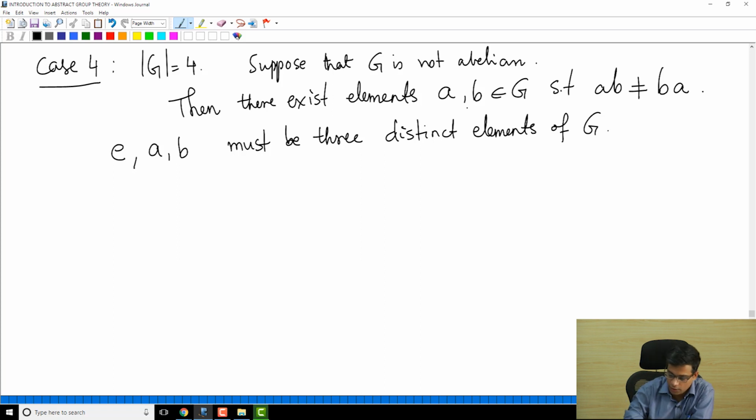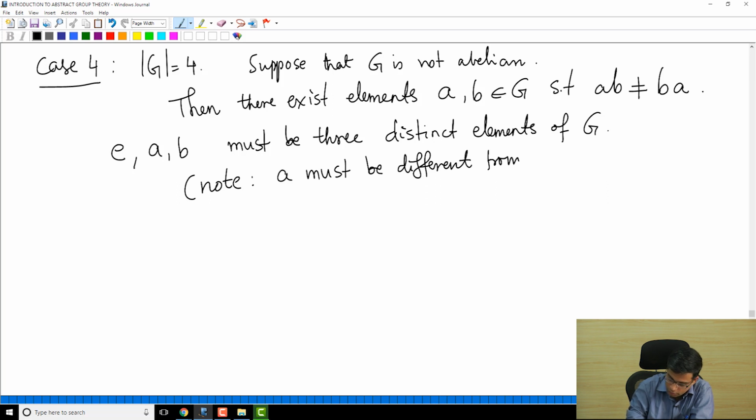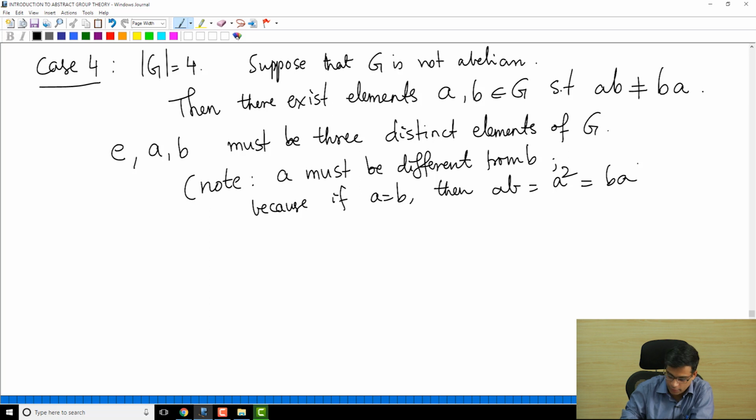Because every element commutes with E and A, B do not commute with each other, they are different from E. Not only that, A and B are also distinct, because if A equals B, then AB is just A squared, but that is also same as BA. So, A and B commute, but I am assuming that A and B do not commute. So, A and B must be different.